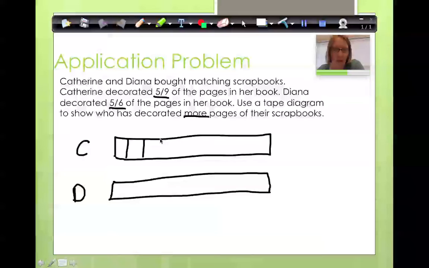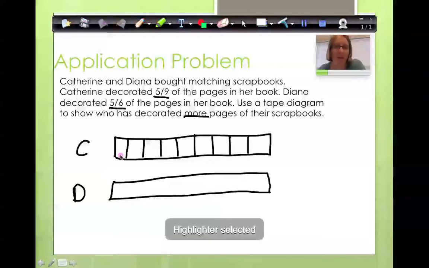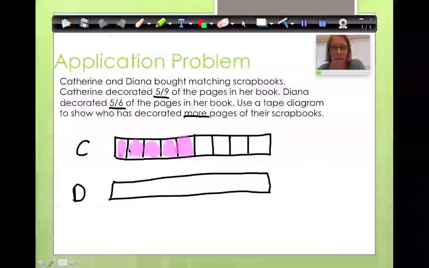1, 2, 3, 4, 5, 6, 7, 8, 9. And I'm going to color in 5 to show how many. 1, 2, 3, 4, 5.